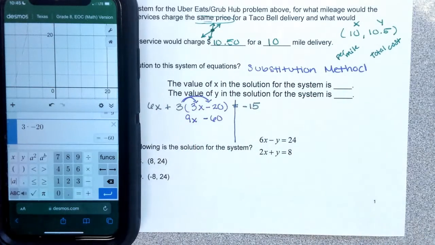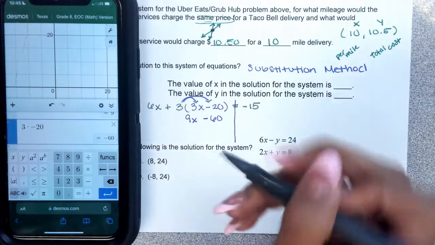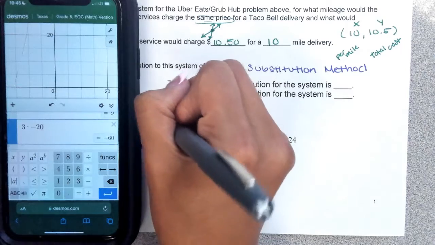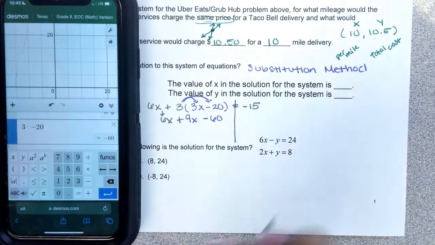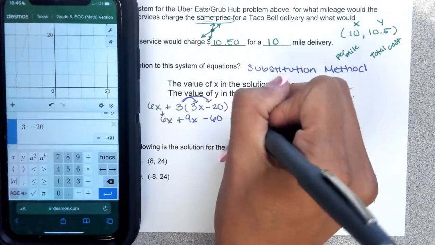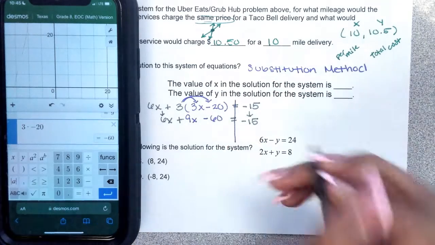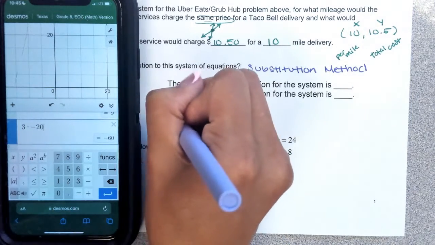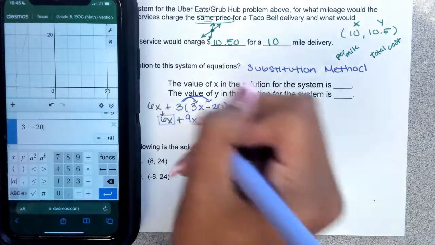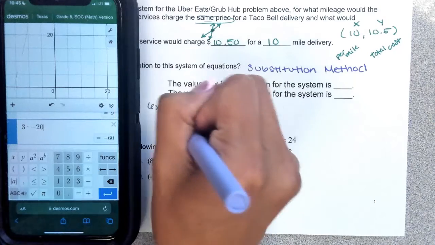Once I'm done with parentheses, we bring everything else down. So bring down 6x. This was a positive 9x, so put a plus. Equals, bring down negative 15. My next step is to combine like terms. So we're going to combine my x's, 6x plus 9x.